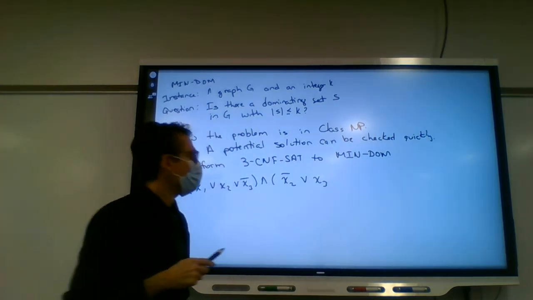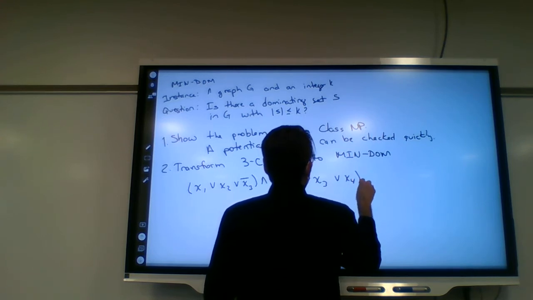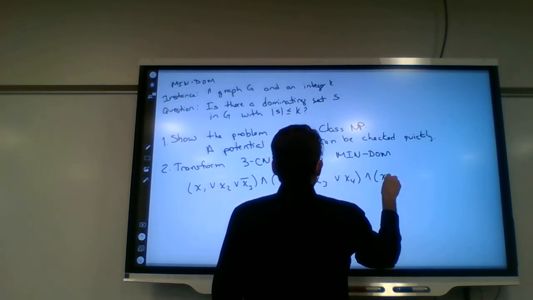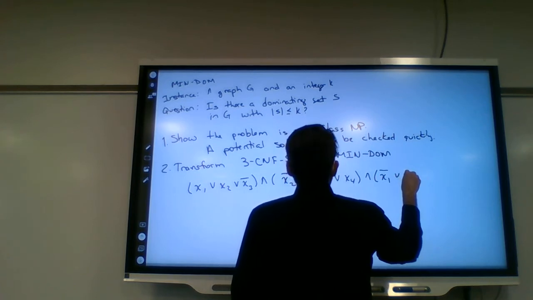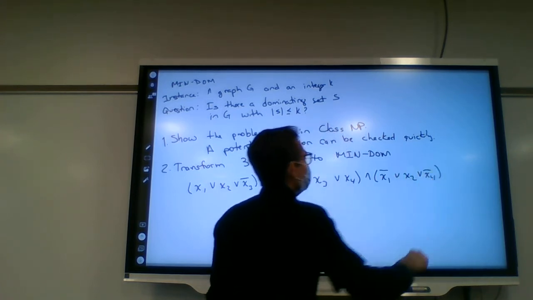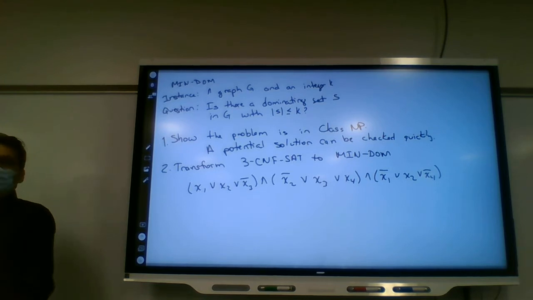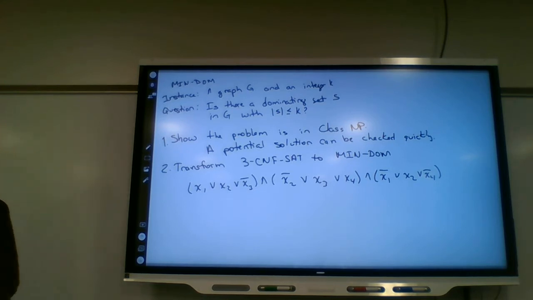I apologize, instead of writing out the words. There's an example of an expression that's in 3 SAT. I just wanted to have enough pieces to show you what's going to happen.